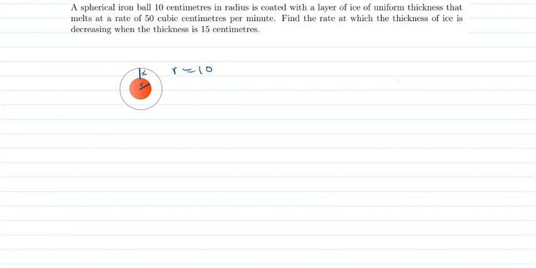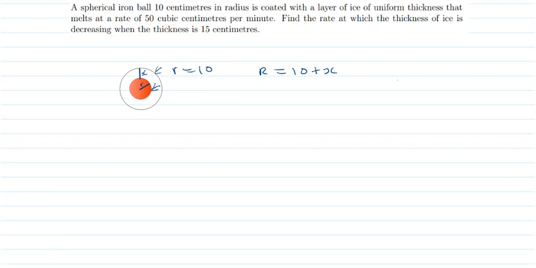We have our radius, which is 10 centimeters, meaning that the radius of both the iron ball and the ice is going to be capital R, which is equal to 10 plus x. 10 for the small iron ball, then x for the thickness of the ice.